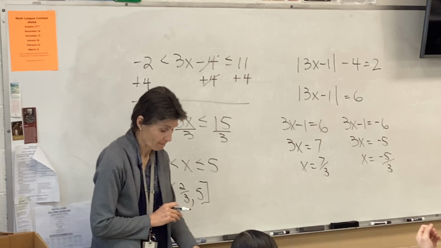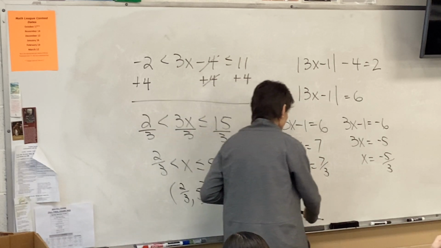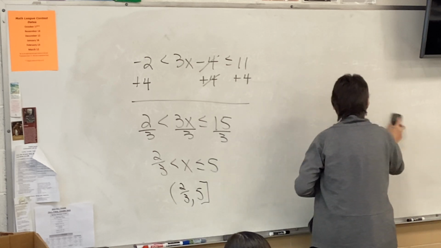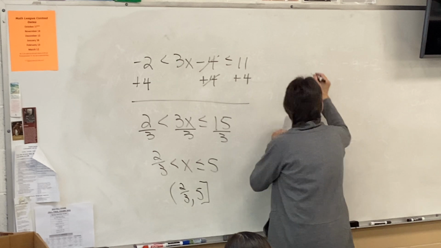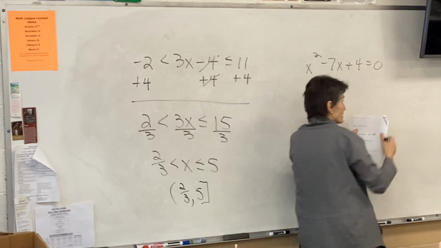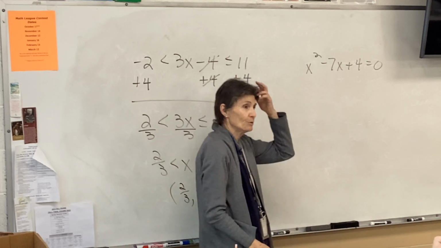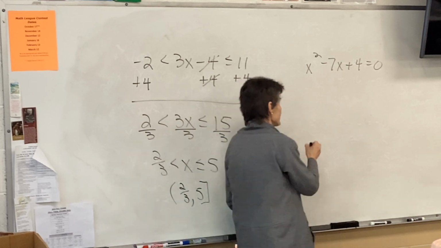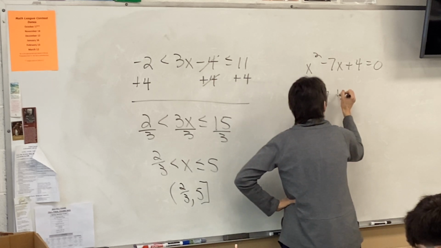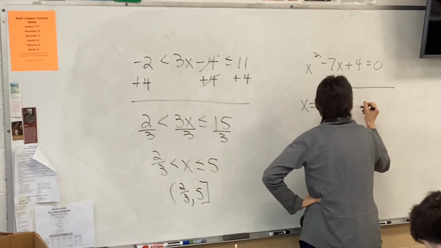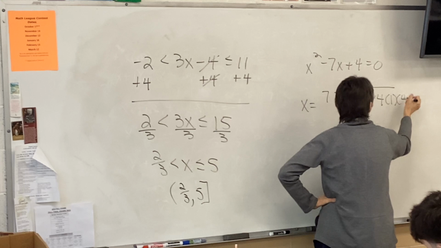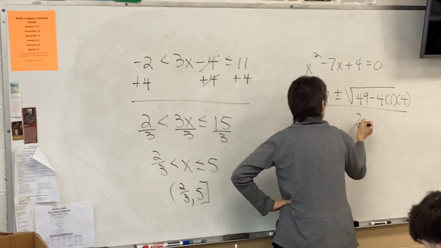Well, 7 looks familiar. What are we gonna do with number 7? It says solve. Quadratic formula. Probably use the quadratic formula because I don't think that's gonna factor. Do you? So x equals negative b plus or minus the square root of b squared minus 4ac all over 2a.